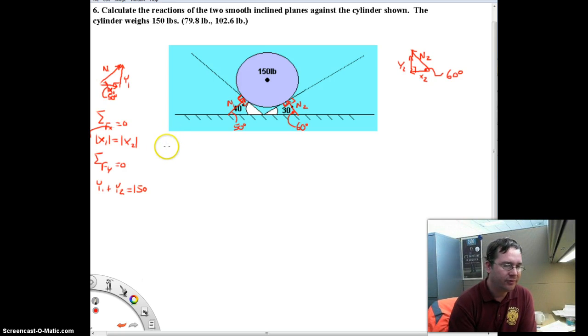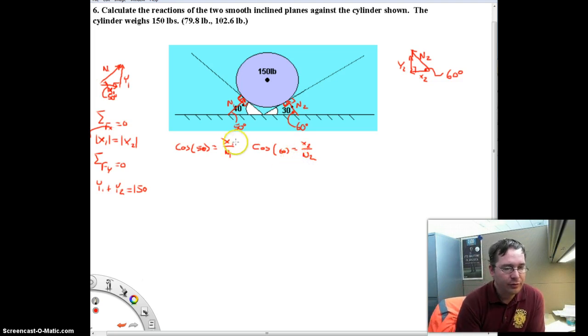So let's think about what else we could know just from basic trigonometric identities. If I look at this left side triangle, well, I know the cosine of 50 degrees, which relates the adjacent and the hypotenuse, equals x1 over N1. And on this side, I know the cosine of 60 degrees relates x2 to N2.